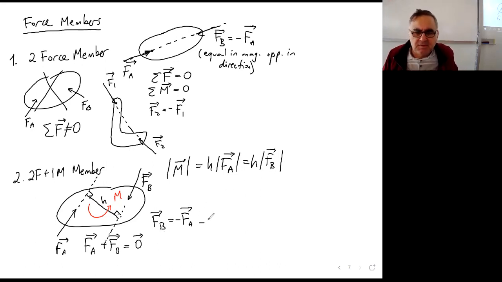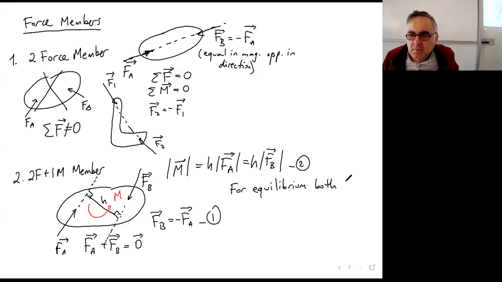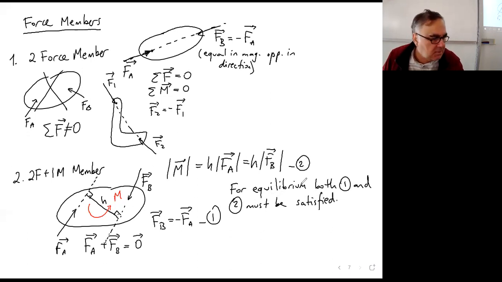So let's say that this is our first equation and this is our second equation. For equilibrium, both 1 and 2 must be satisfied. You cannot have only one.